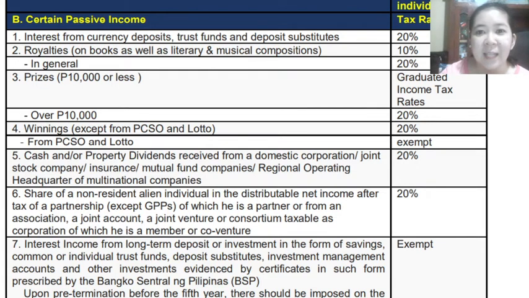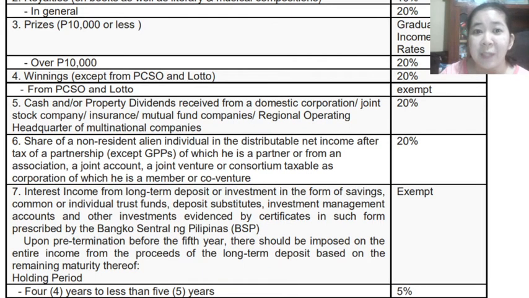Next item, cash and/or property dividends.